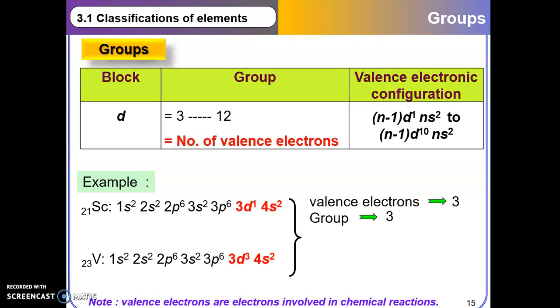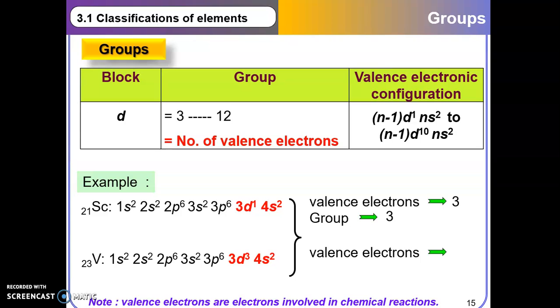Another example here is vanadium. Again, we know that 3d has the higher energy compared to 4s. So vanadium is in D block. For D block elements, the 3d and 4s electrons are involved in chemical reactions.